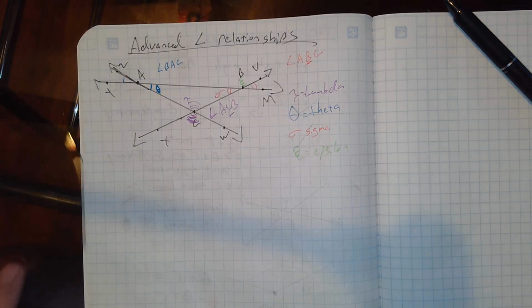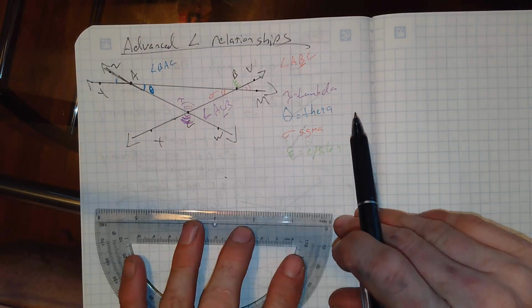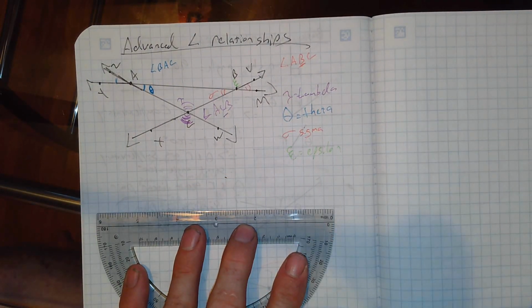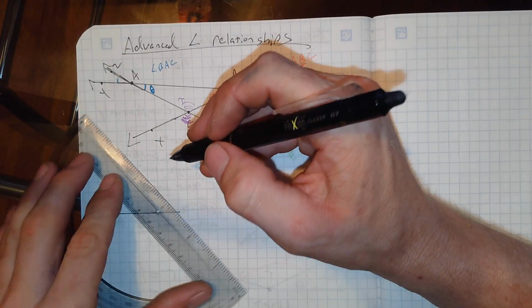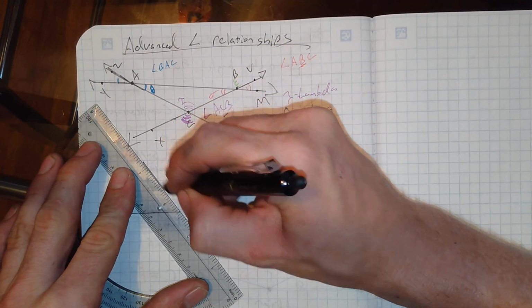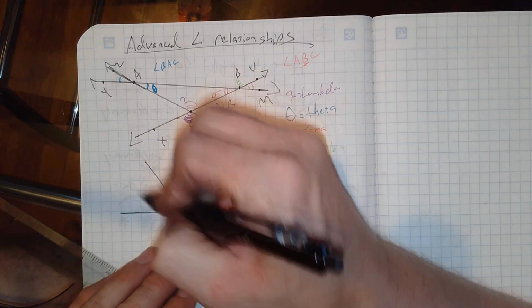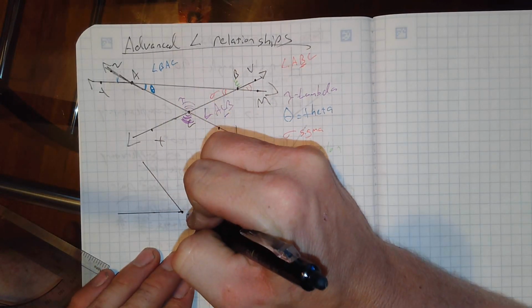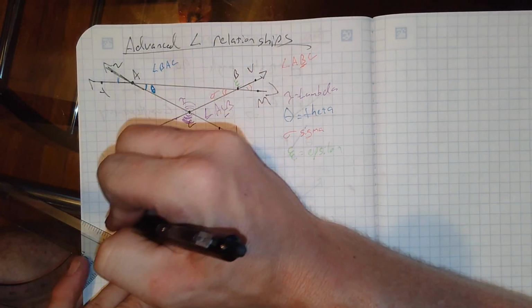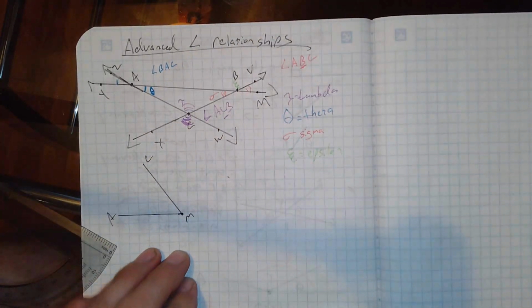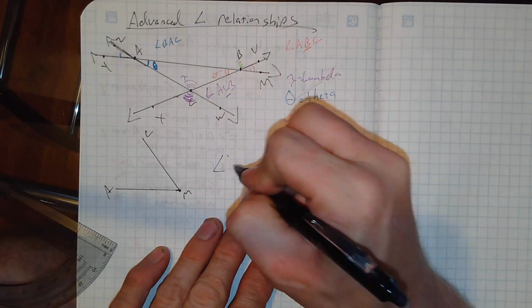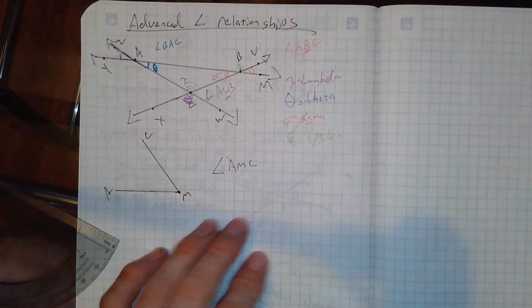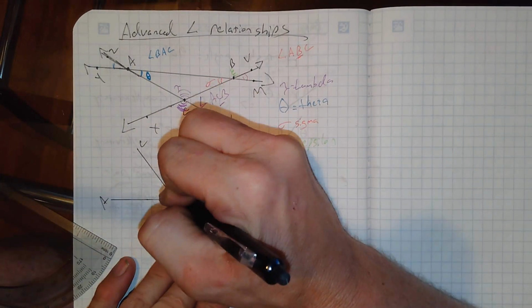Okay, something a little bit of a new topic. I want to talk about bisectors, angle bisectors. So say I have an angle like this, and that's point M, and we'll call these points A and C. You could call this angle theta if you wanted to, but this is angle AMC, this angle right here.